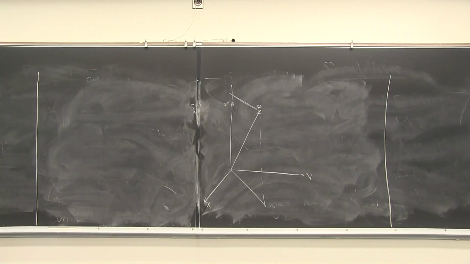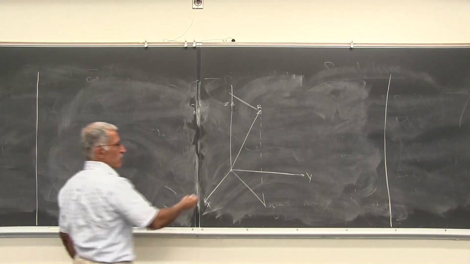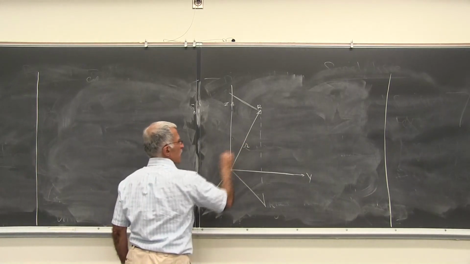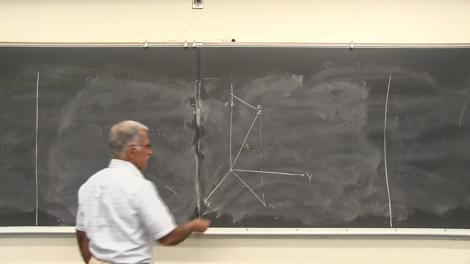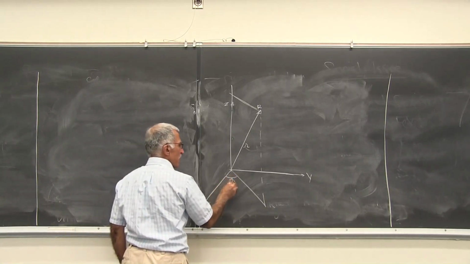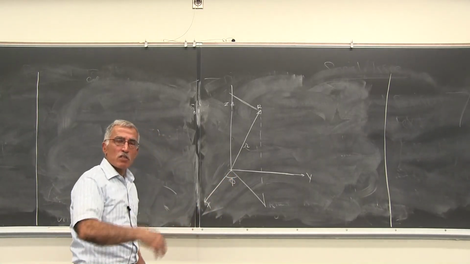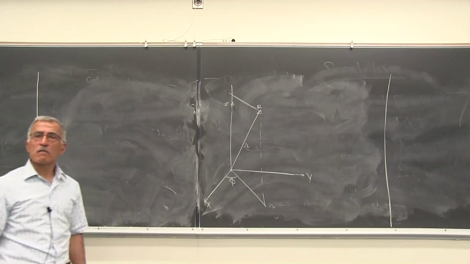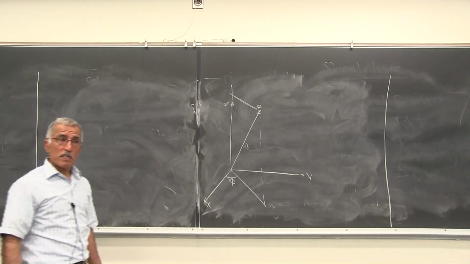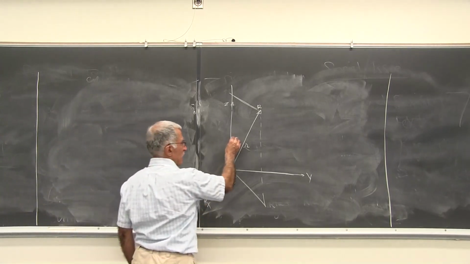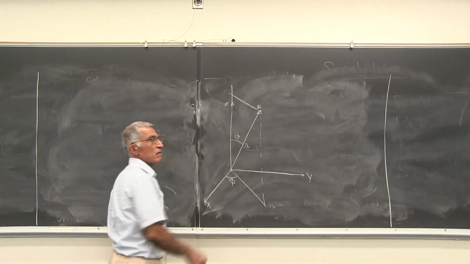So in order to say where this vector is, you have to know the length of the vector, r. What else do you need? You have to say what this angle, phi, is. That's like you open the page. What else do I need? The angle between Z and X, and you also need this angle, theta.